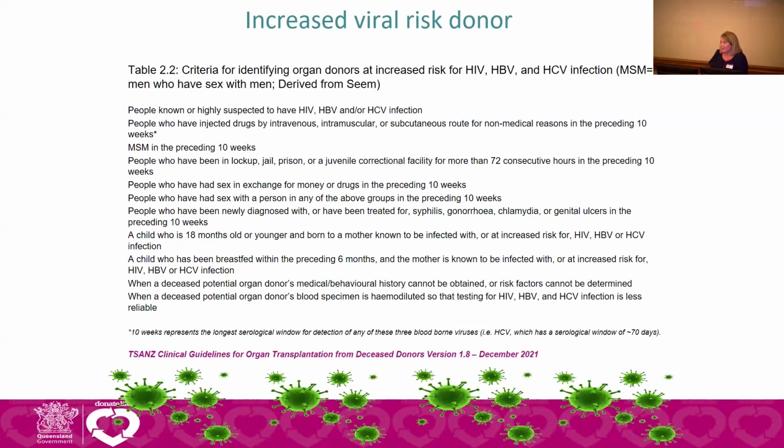Samantha touched on our increased viral risk donors, and together, once we put together our DRE and all our information, we're talking with our transplanters and identifying those donors that we consider increased risk for HIV, Hep B and Hep C infections. And we then track them as far as further results related to this chart.